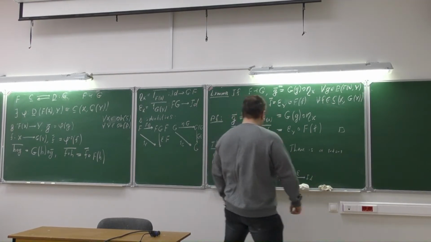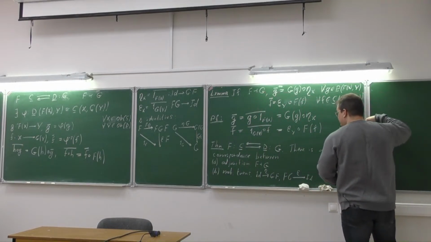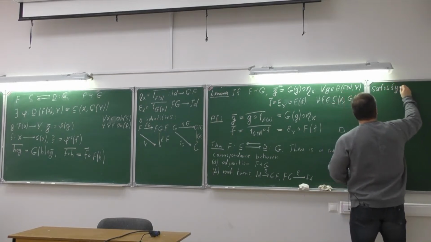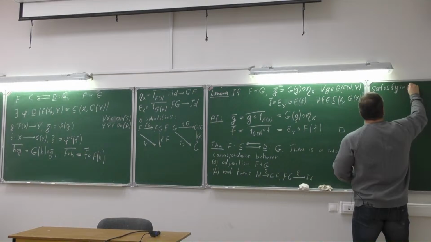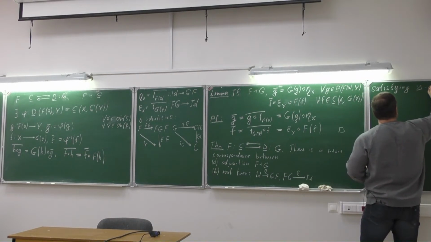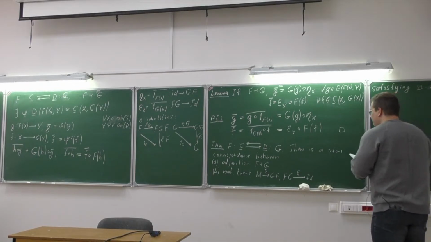So in this part B, these two natural transformations satisfy the triangle identities.